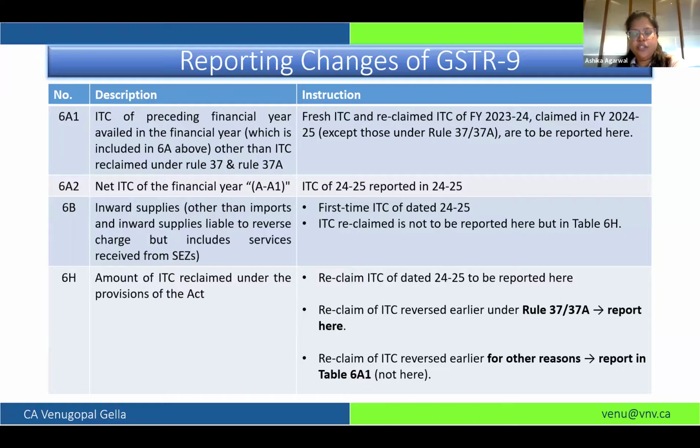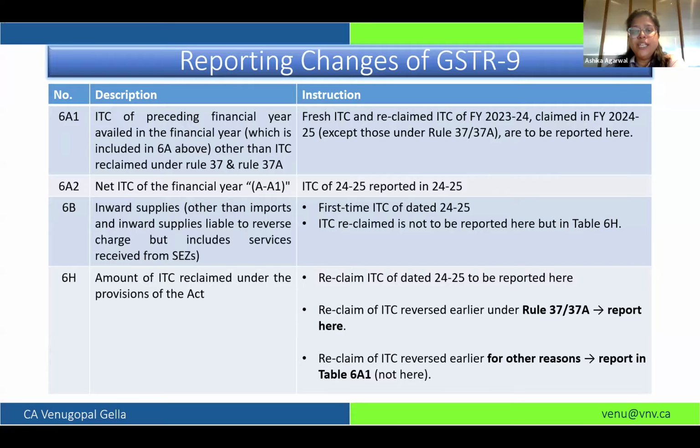So one of the conditions was not satisfied. So you parked it in 4B2 and availed only the net ITC. But when the goods are received, you are again adding it back in 4A5 and showing 4D1 as an acknowledgement: this is a past year ITC which I am claiming now. It is a past year transaction ITC which you are claiming now, which has not auto-populated in this current month's 2B.